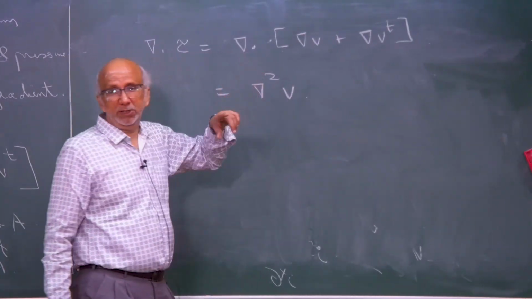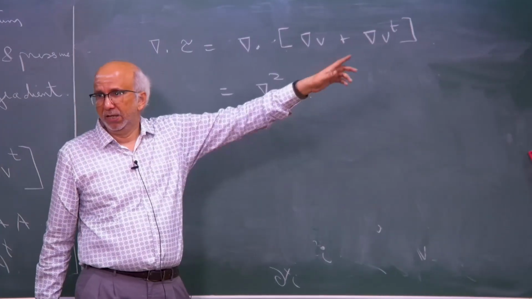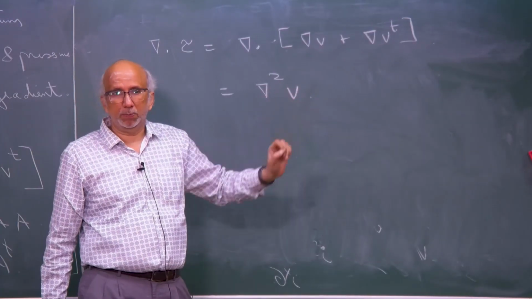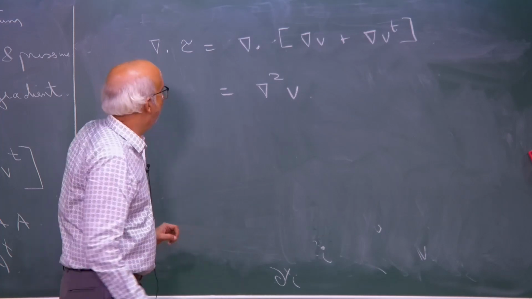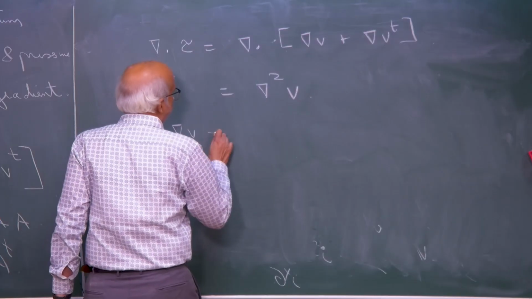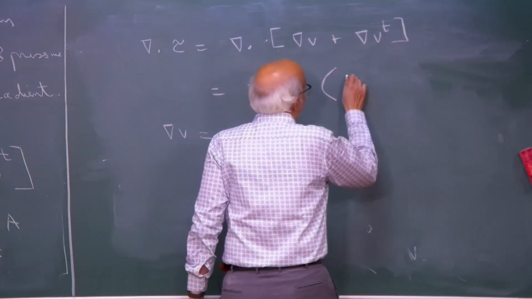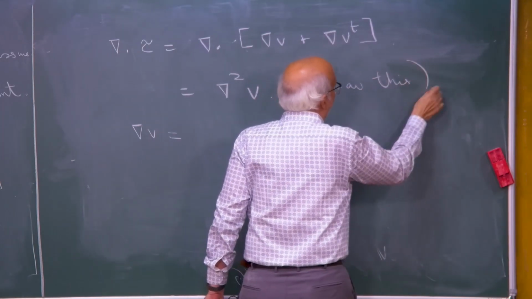By doing the usual thing: write this in terms of e_i, e_j, write that in terms of e_j, e_k, whatever it is, and do the dot product. I will only say one thing here. I am not going to do this.